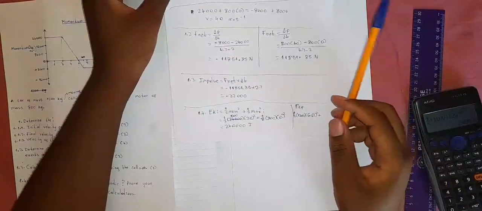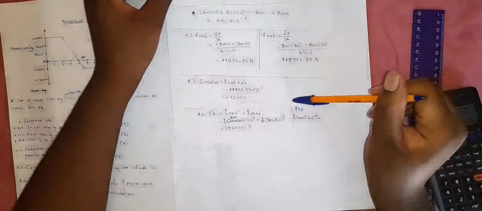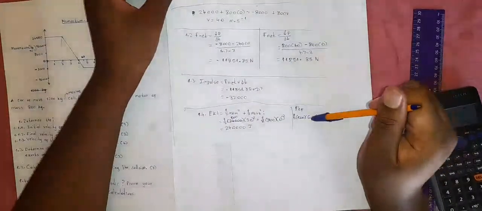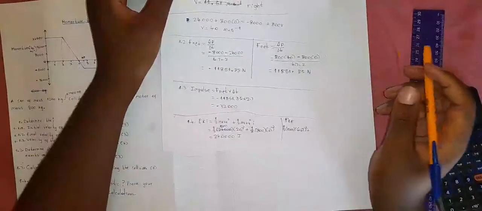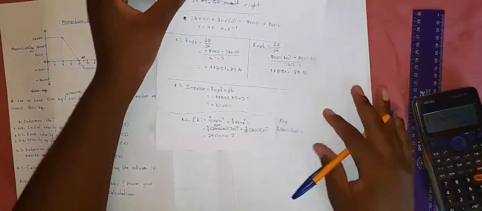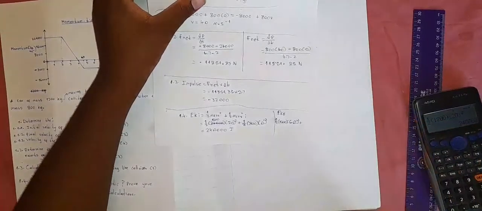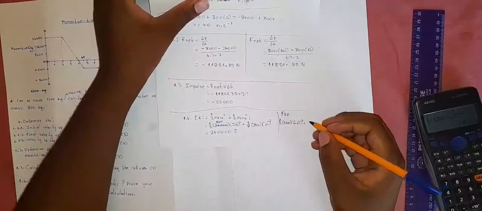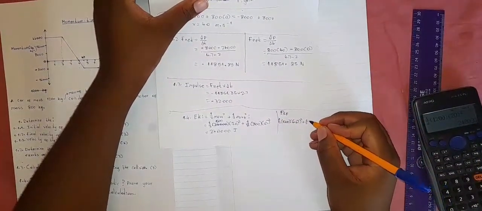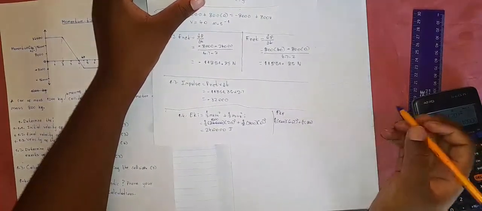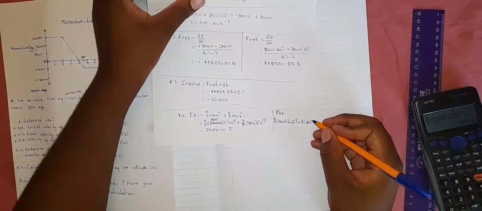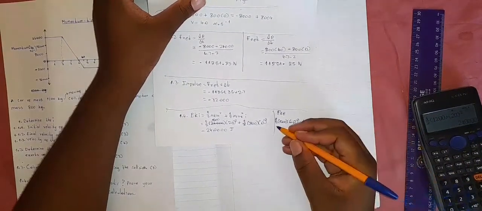The reason I didn't substitute in the negative sign is because even if I substitute negative, the square here will cancel that negative, so it's not necessary to put the negative sign there. Plus half of, what is the mass? It's 800. What is the final velocity? It's 40.